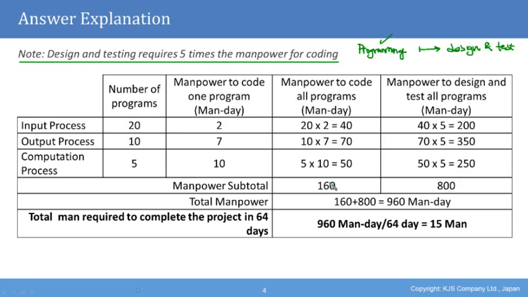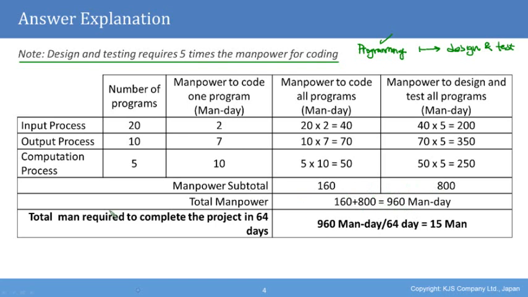In fact, by the way, you can see that 160 times 5 is 800 over here. So we verified that this is 5 times more than the manpower that it takes to code. And of course, we must add the two sections together, which gives us 160 plus 800, which is 960 man days.